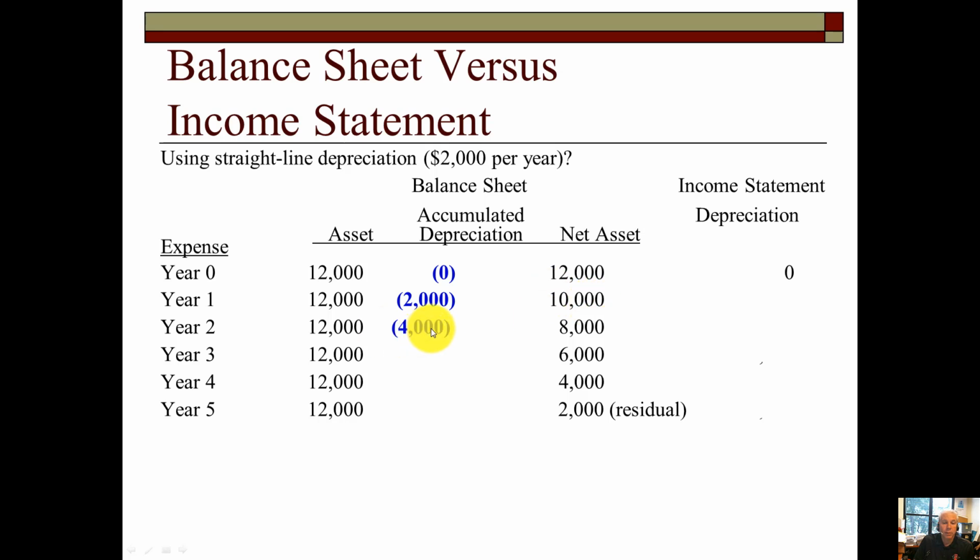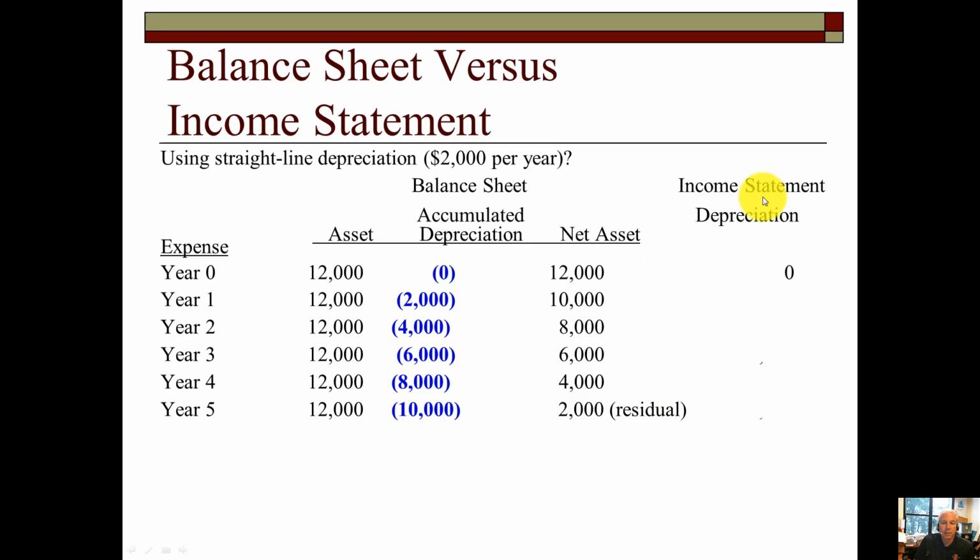In year 2 we book another 2,000 of depreciation, so our accumulated depreciation on the balance sheet now has a $4,000 credit balance, which reduces our net asset book value to 8,000. See the pattern? Another 2,000 in year 3, and book value goes down. As accumulated depreciation increases, the net asset book values decrease by proportionate amounts. And then finally the final 2,000 goes into year 5, and we're left with 2,000 as our book value, which is also the residual value.